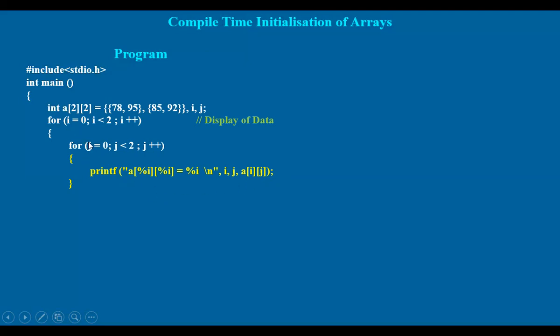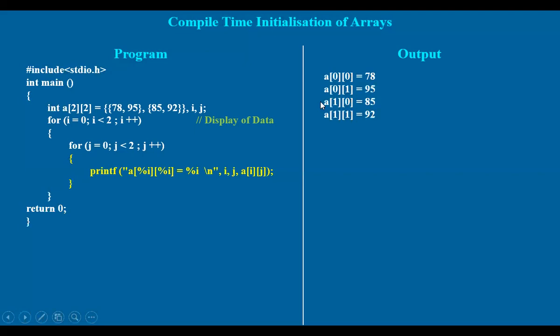Now, these two for loops will help to display this data here, which is in 2 rows and 2 columns. Now, let's compile this and execute this program. It displays the values like this. So it's 0, 0, 0, 1, that means the first row elements, 1, 0, 1, 1, that is second row elements. So like this, we display the data. This is outputting the data.